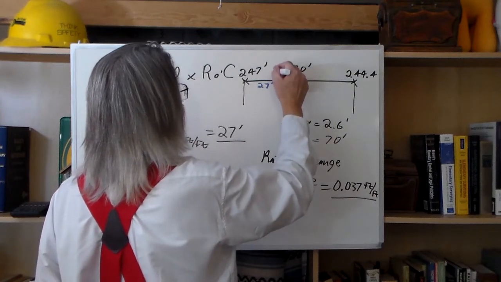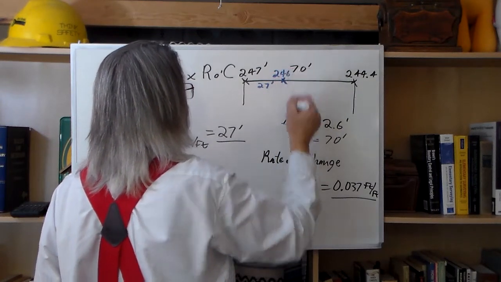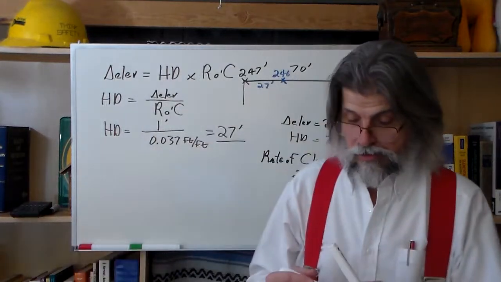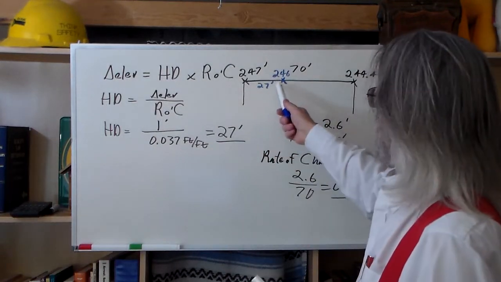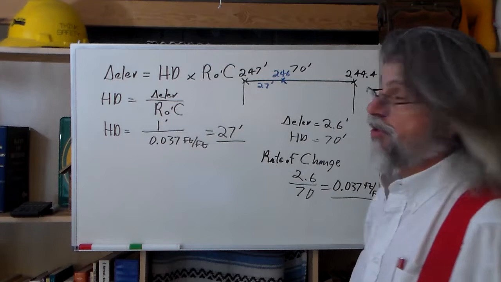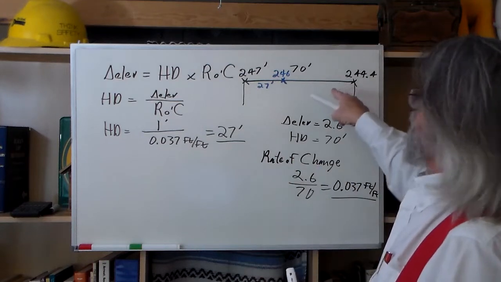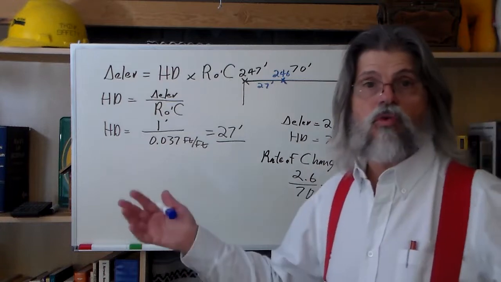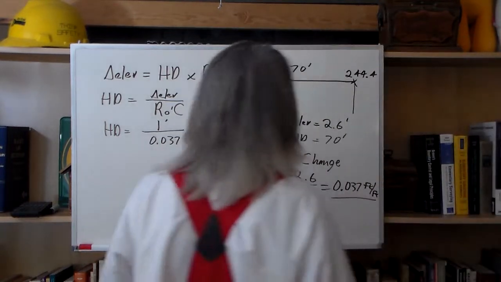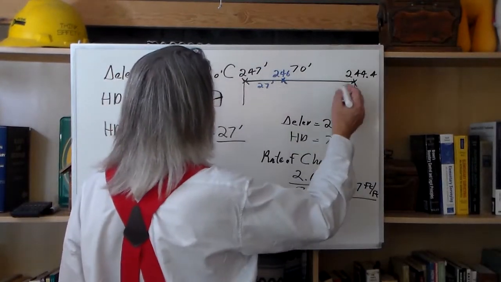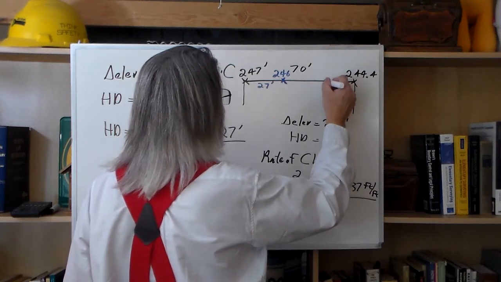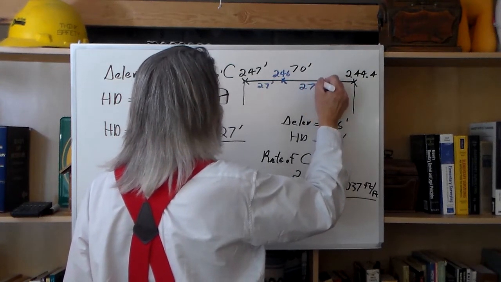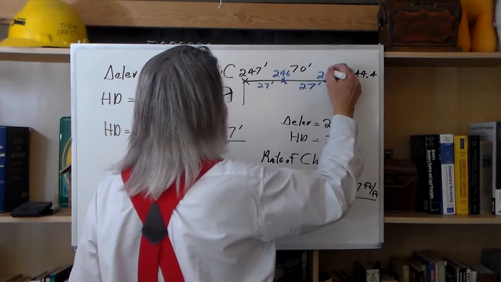That makes this 246. Well, guess what? The change of elevation from 246 to 245, which is the next whole number down, is also going to be 27 feet, right? So we go another 27 feet. And that gets us to 245.